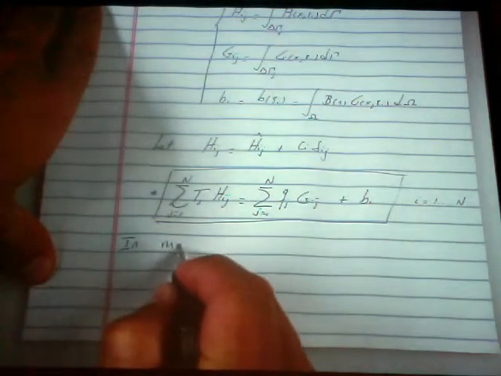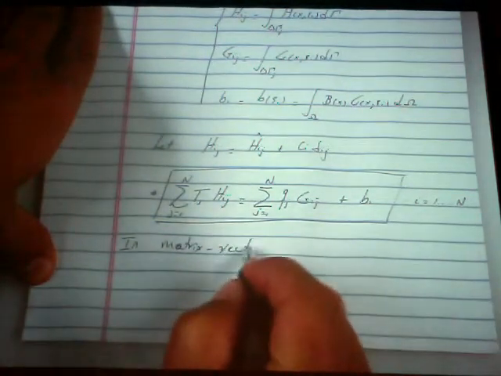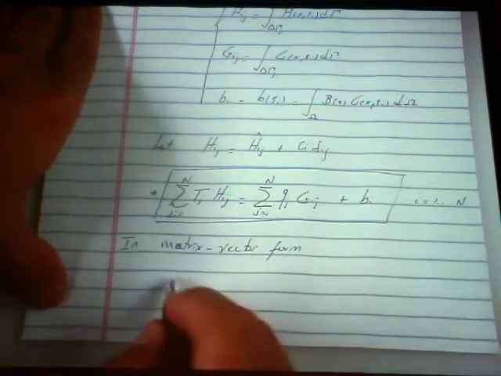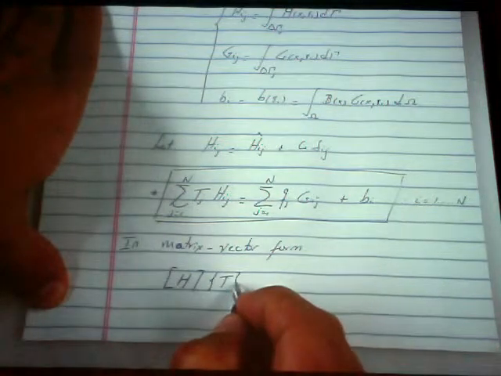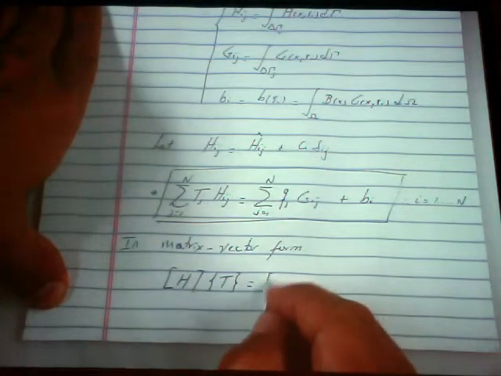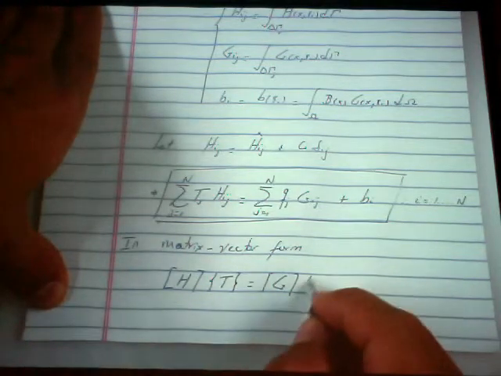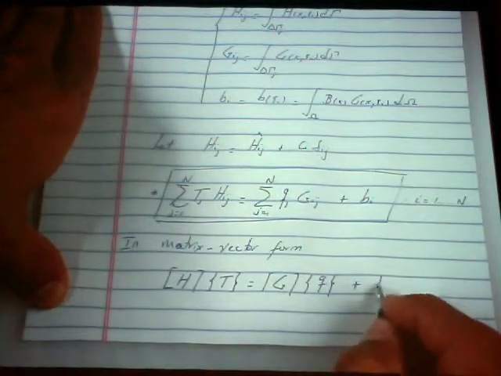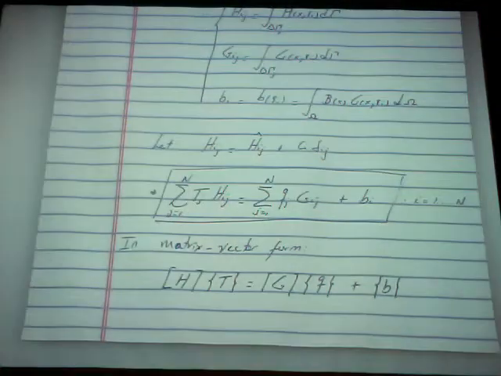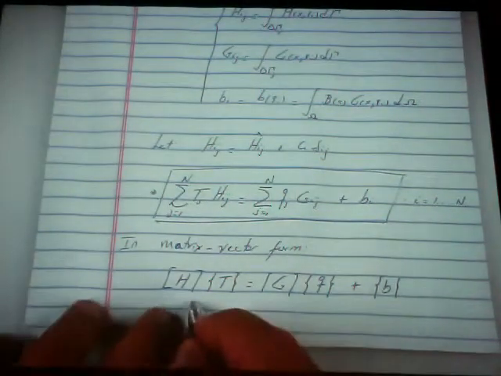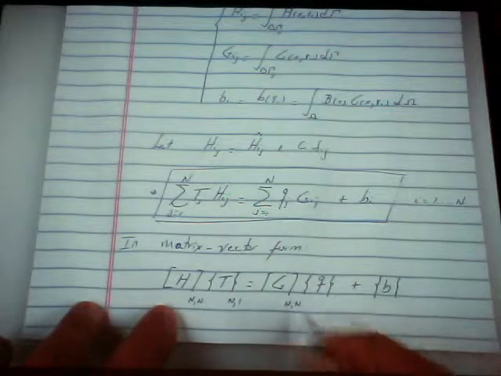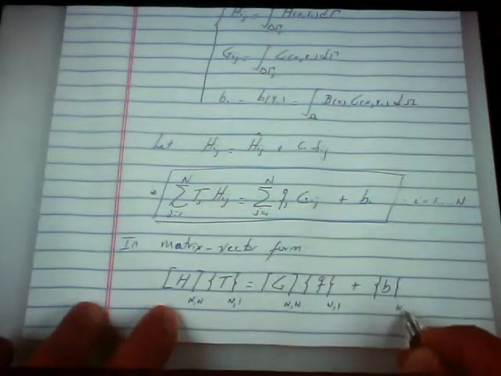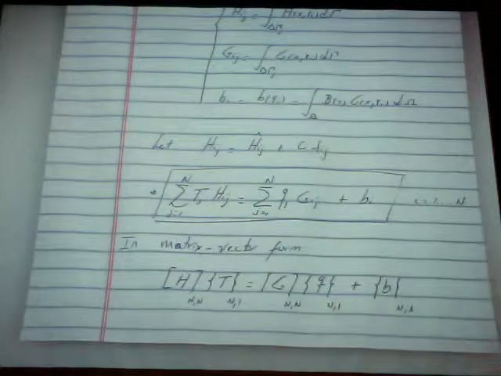And therefore, in matrix vector form, notice that this is just simply H times a vector T is equal to G times a vector Q plus a vector B. H is of size n by n, T is of size n by 1, G is of size n by n, Q is of size n by 1, and B is of size n by 1.